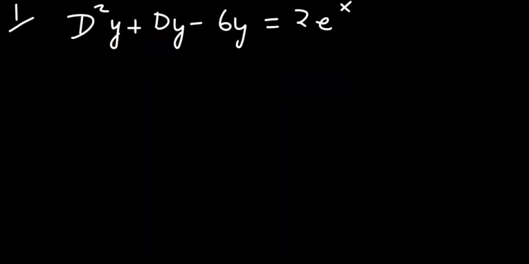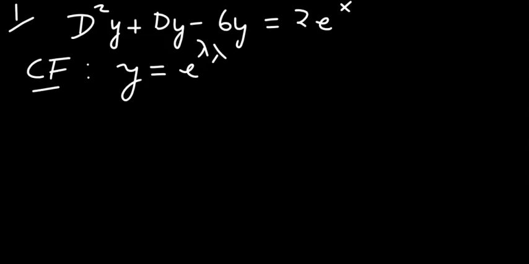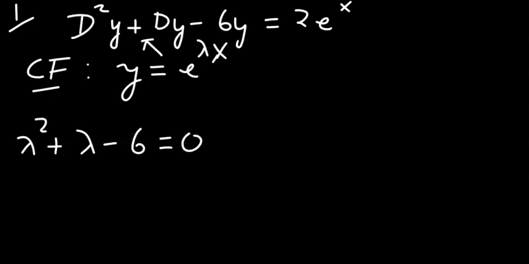Example 1. First, let's find the complementary function. Complementary function is a solution to this differential equation assuming the right-hand side is 0. To determine the complementary function, we assume y is e to the power, say, lambda x. Lambda is a constant. Substituting the solution in here, we get lambda squared plus a lambda minus 6 equals 0.